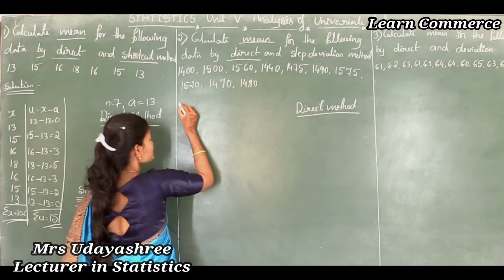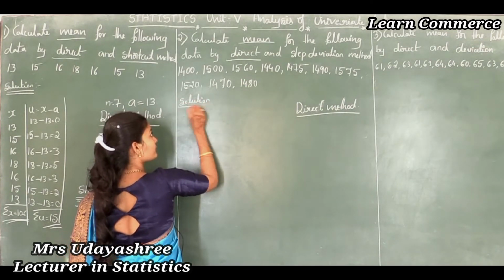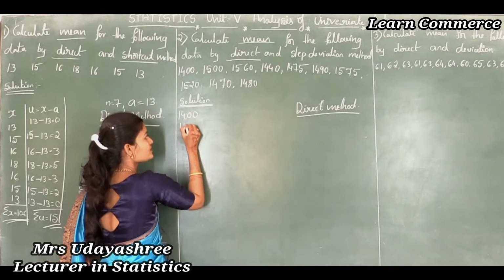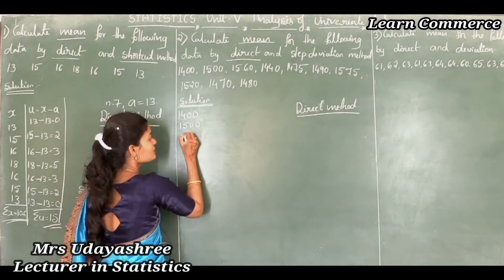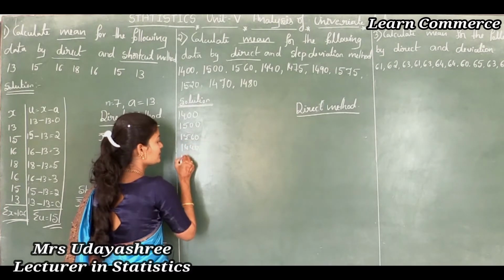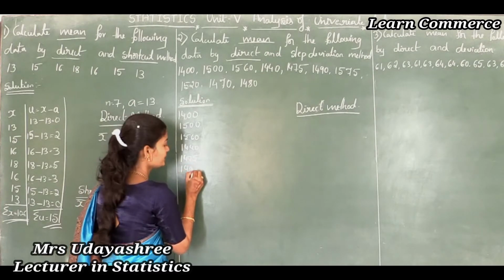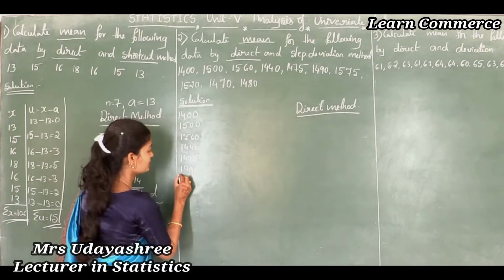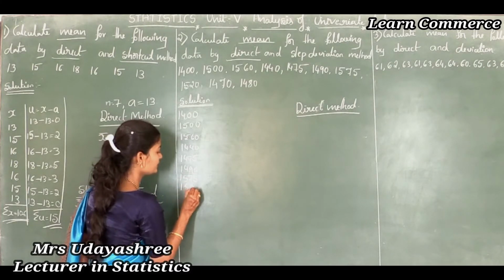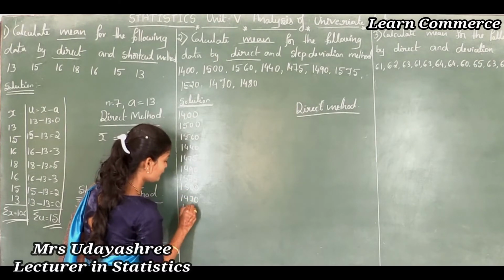The given information is 1400, 1500, 1560, 1440, 1475, 1490, 1575, 1520, 1470 and 1480.